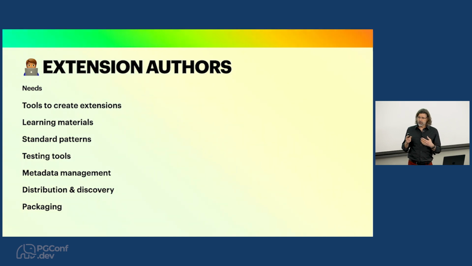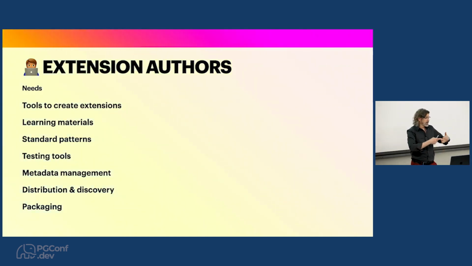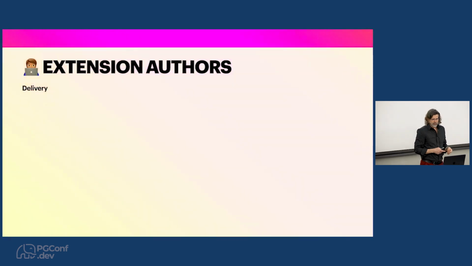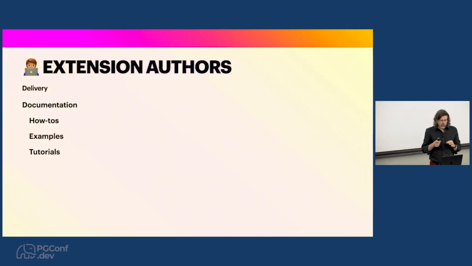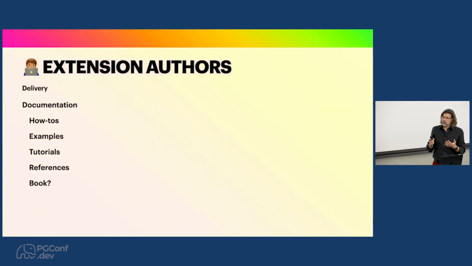Distribution and discovery, to be able to say, I've released this extension and have it go out in a place where people can find it and discover it. So we're aiming to address these needs for extension authors through this effort.